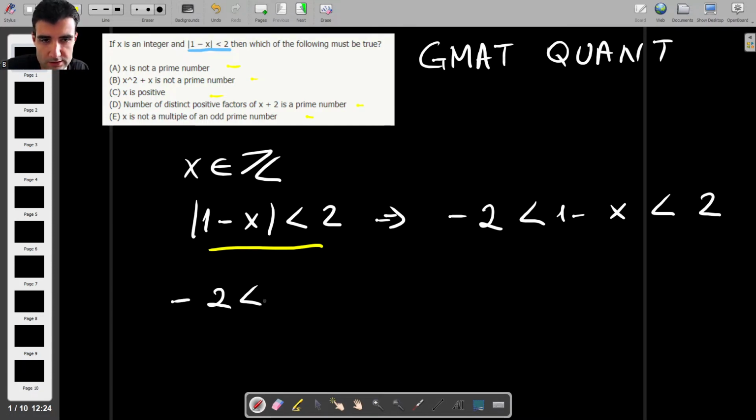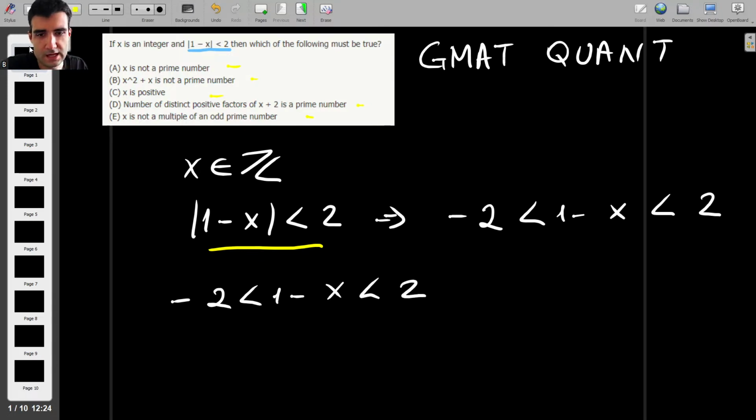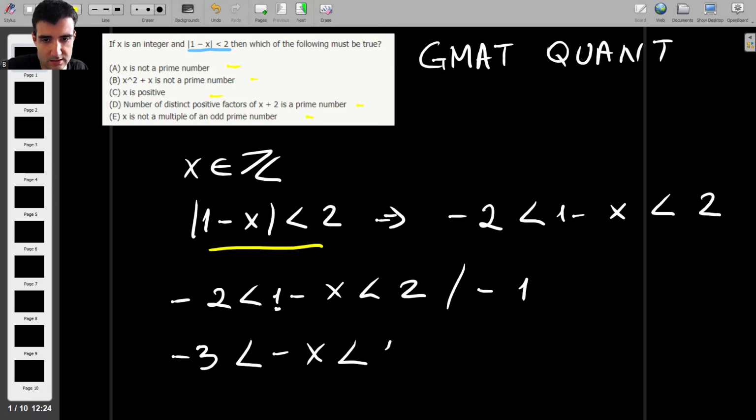Now it's like a double inequality, and we want to have x by itself. So the first thing I'll do is subtract 1 from everywhere to get rid of this 1 here. On the left hand side I get minus 3, then less than minus x, and then less than 1.